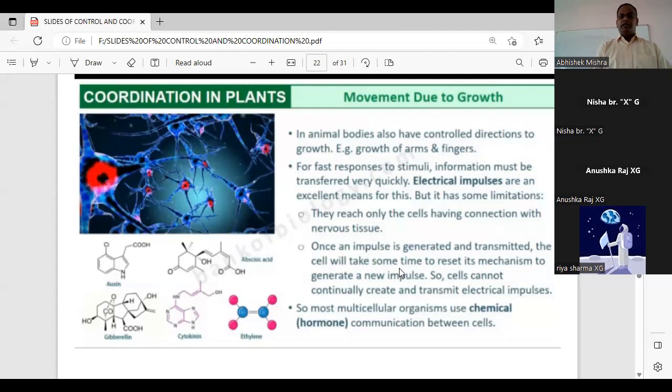Okay, very good. Now, last question. State two differences between thigmotropism and thigmonastism. At least two differences. Just raise your hand so that I can unmute you.